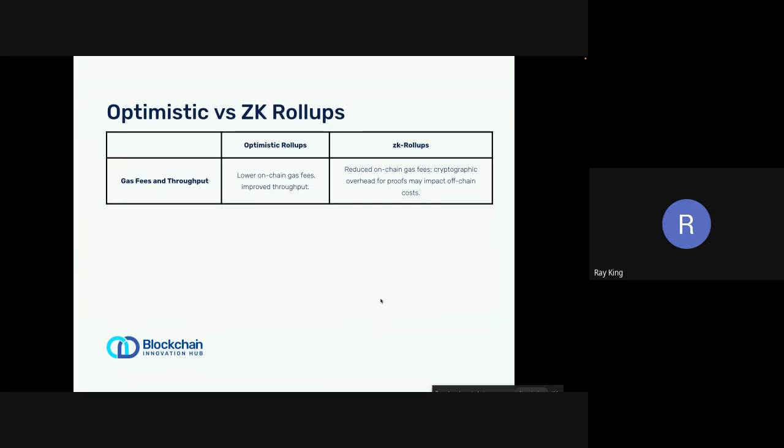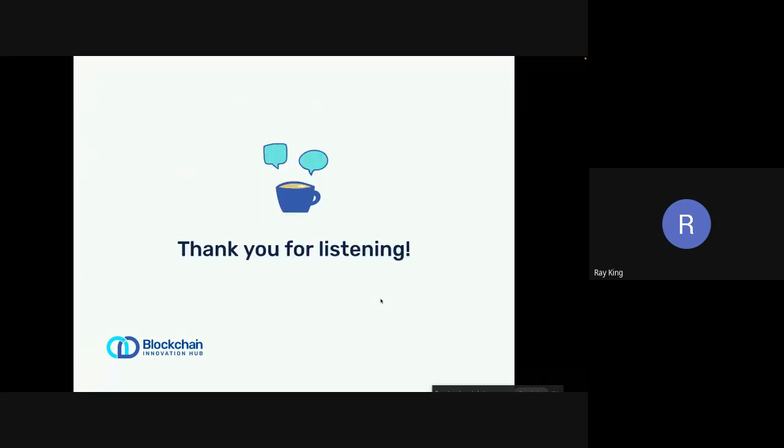Remember we said for ZK, the computational costs may be high, so that itself might affect the off-chain costs. So basically that's it for optimistic and ZK rollups, and that will be all for blockchain layers today.